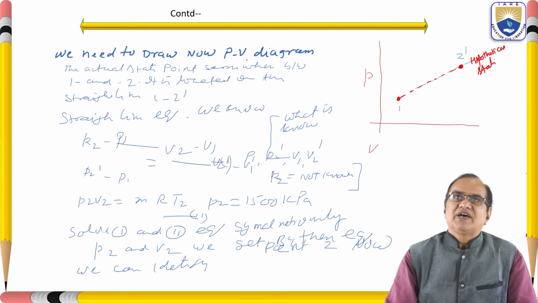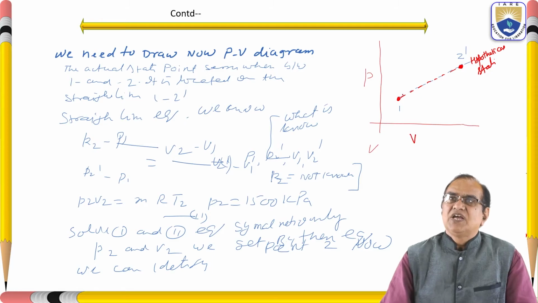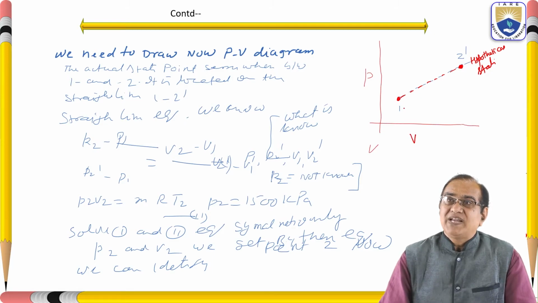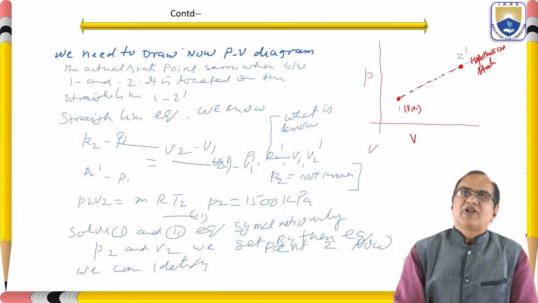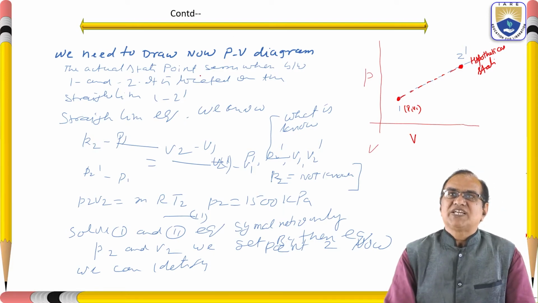So we need to draw the PV diagram. Here P and this is the V. State point 1 is given, that is P1 V1, and here we have to see the system. The actual state points seem to be in between 1 and 2 prime.